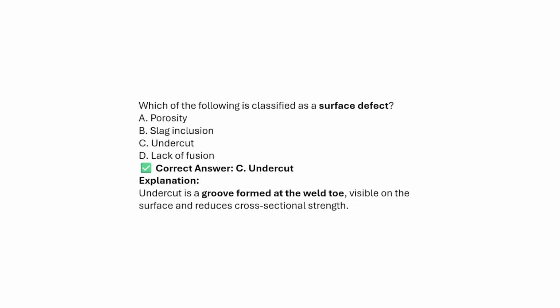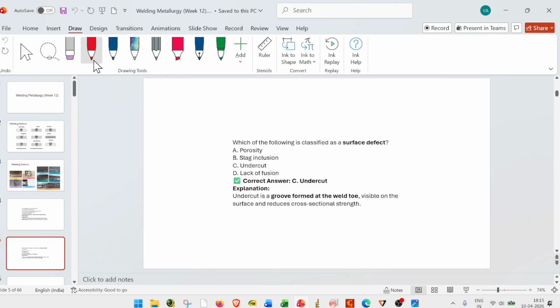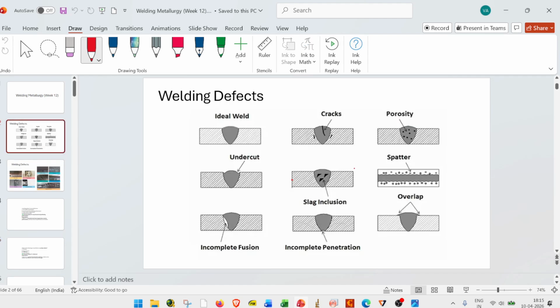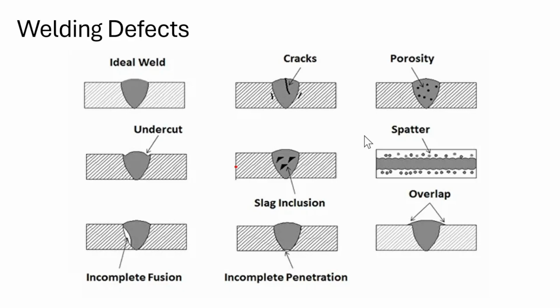Which of the following is classified as a surface defect? Option A porosity, option B slag inclusion, option C undercut, option D lack of fusion. In case of porosity, we will see it at the middle of the weld bead, so it is not visible.